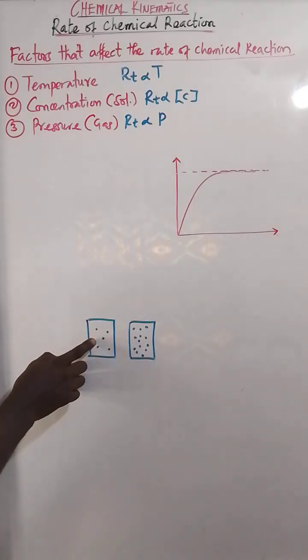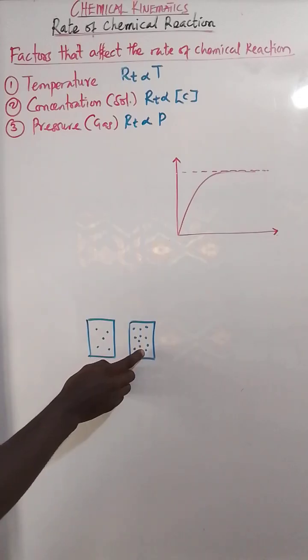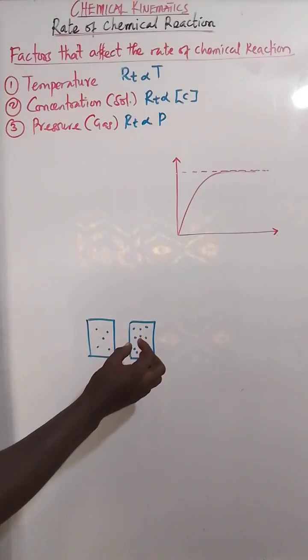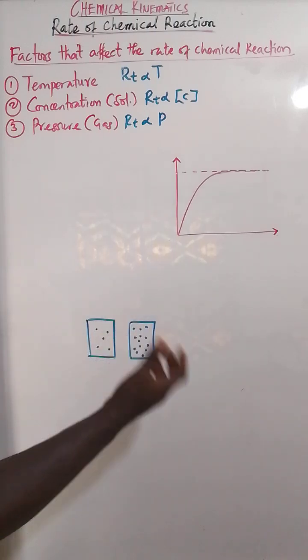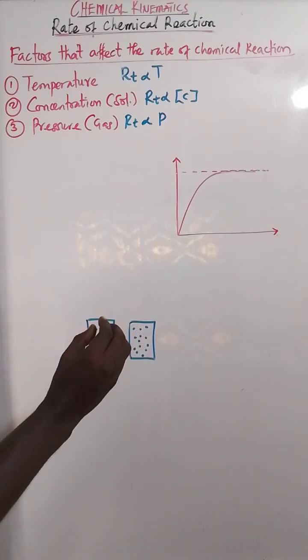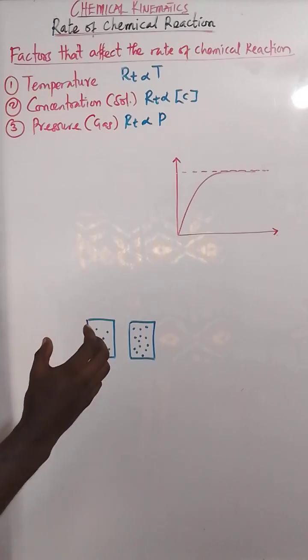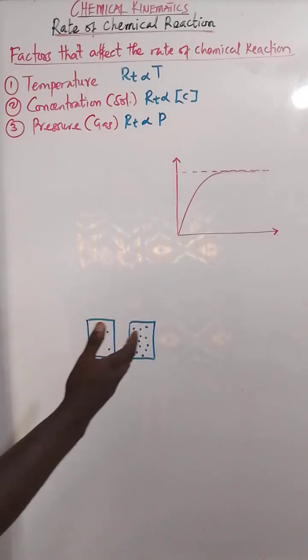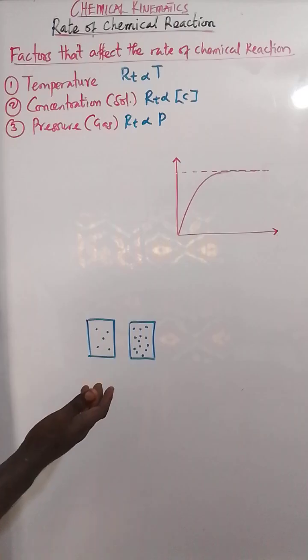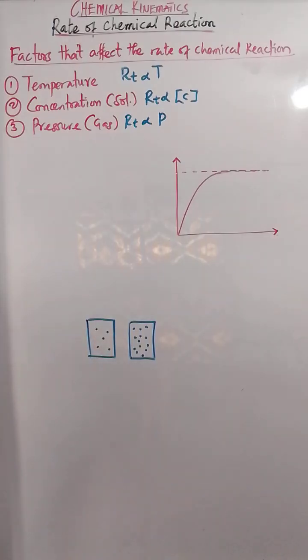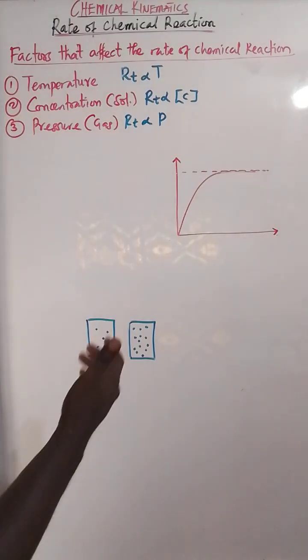For this one, the collision will be lower than this. Why? Because here the space is little, so the molecules are closer, then they can collide more. So if more molecules exist in a relatively smaller space, the rate of collision will increase. Hence, the rate will increase.